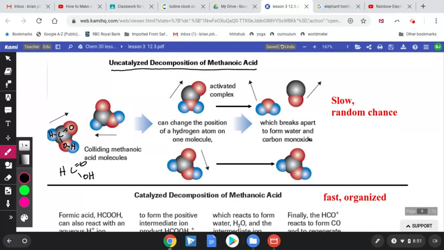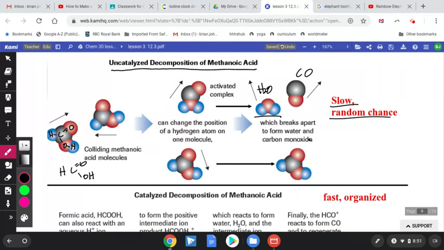And as you can see, you get this potentially activated complex forming, which then decomposes, spits off a water molecule, an H2O, and a carbon monoxide. It's slow, and it's random, and it doesn't happen very often. Okay, so, by the way, why does this thing decompose?